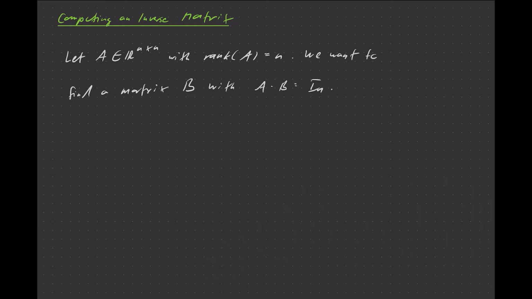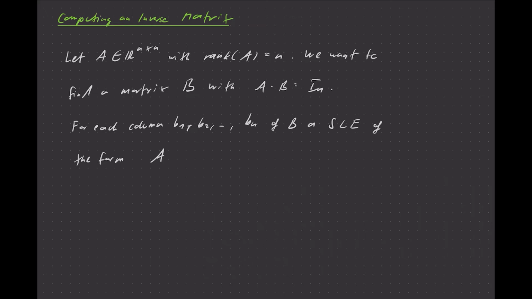And what that means is, for each column of B, we have a system of linear equations. So let's call those columns B1, B2, and so on, up to Bn of B. A system of linear equations of the following form holds.